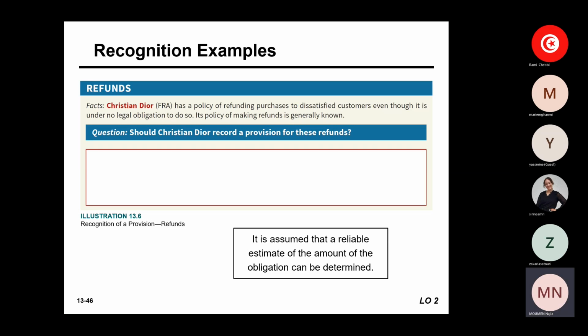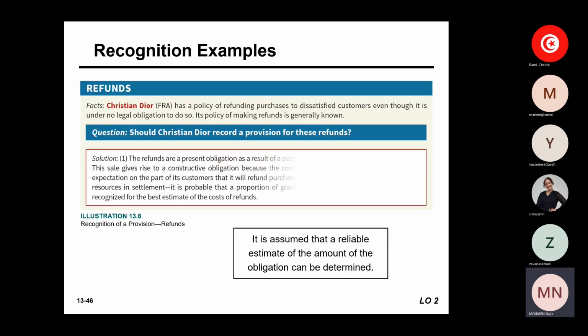Should it be reported as a provision and of course as a liability or not? Well, yes, good. Yes, it is a liability. Why? Because we have a present obligation, and that's a constructive obligation. It is resulting from a past obligating event, the sale of the product.